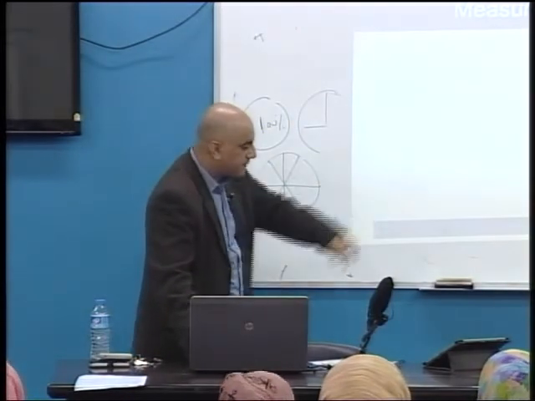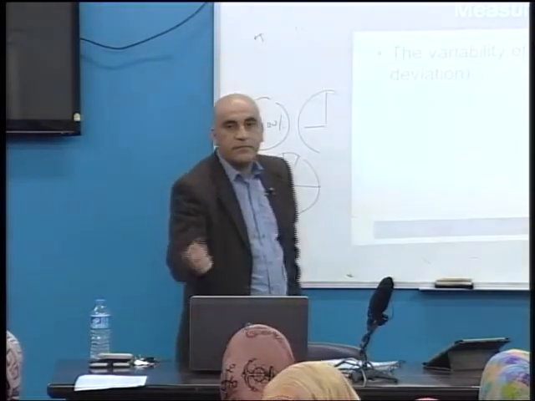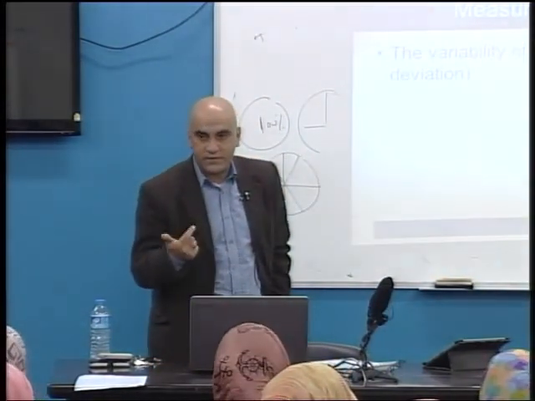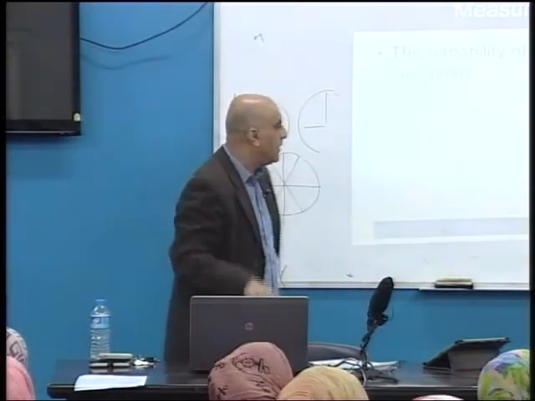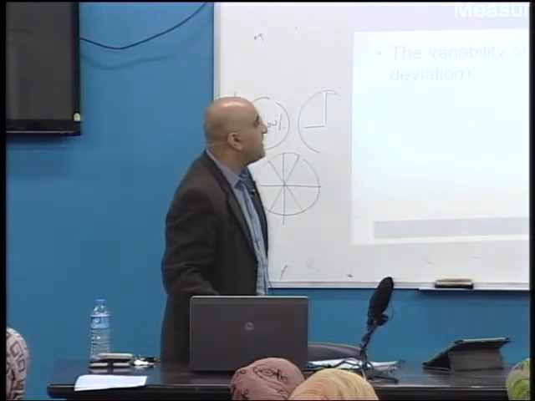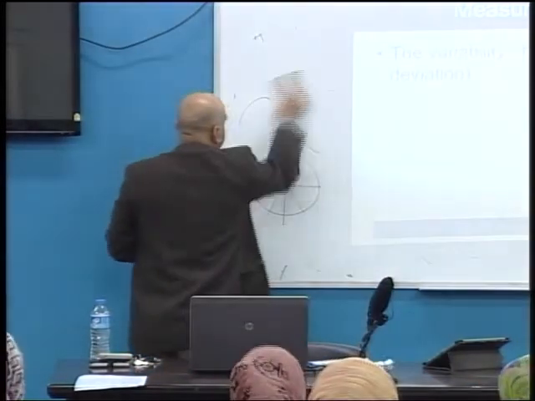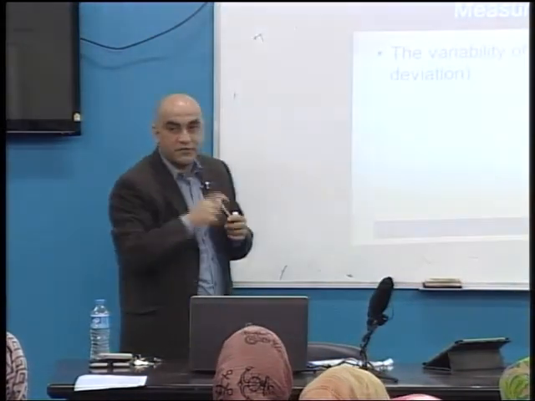The measure of risk. I said that we have two main measures of risk, sigma and beta. This is to your level, sigma and beta. The variability of return. I'm now talking about the individual risk.